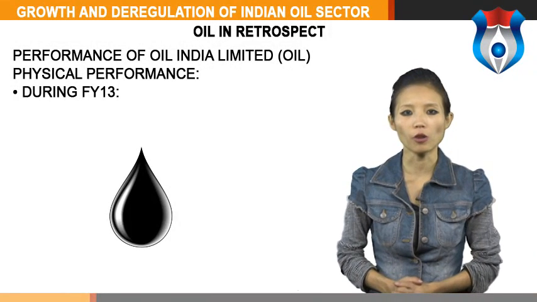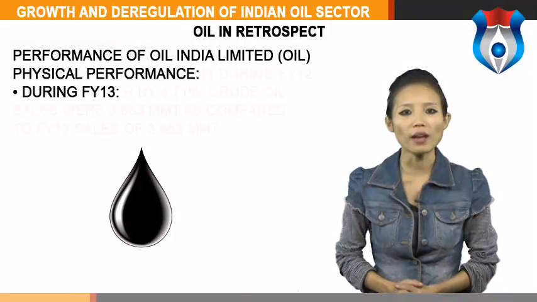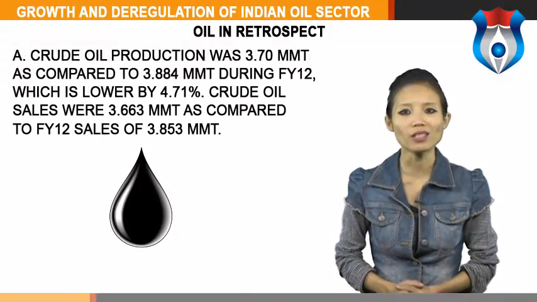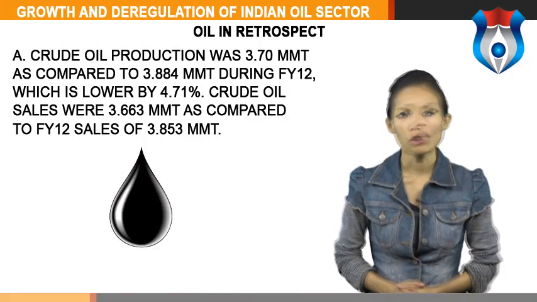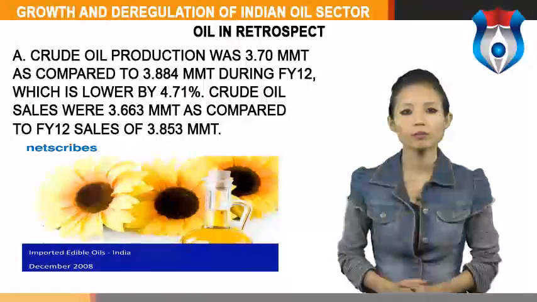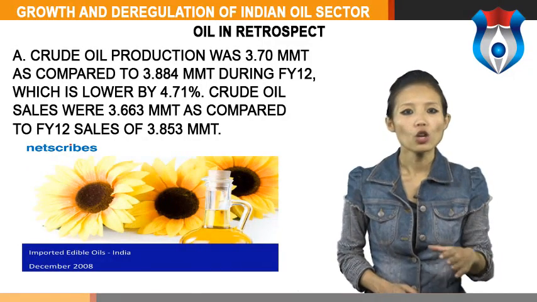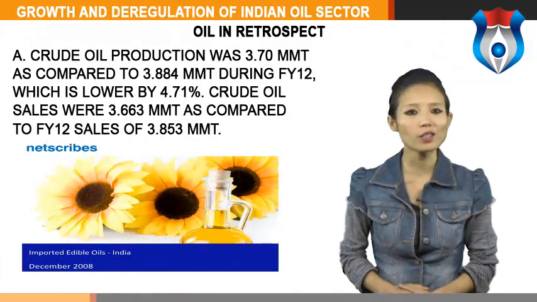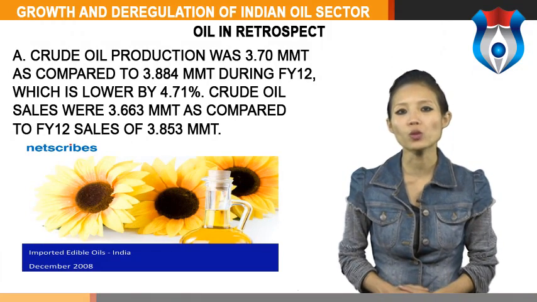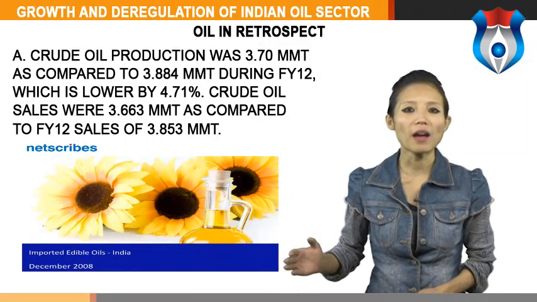Oil's physical performance. During FY13, crude oil production was 3.70 MMT as compared to 3.884 MMT during FY12, which is lower by 4.71%. Crude oil sales were 3.663 MMT as compared to FY12 sales of 3.853 MMT.